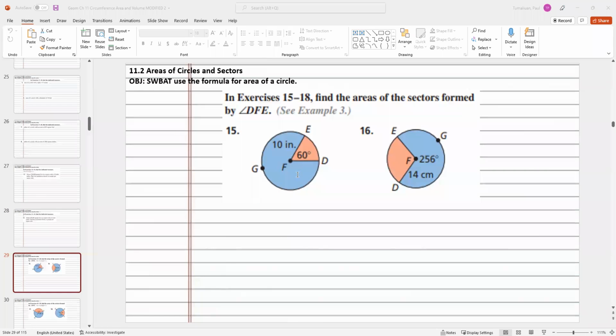Here we want to use the area of the sector equals the measure of the arc divided by 360 degrees times the area of a circle, so pi r squared.